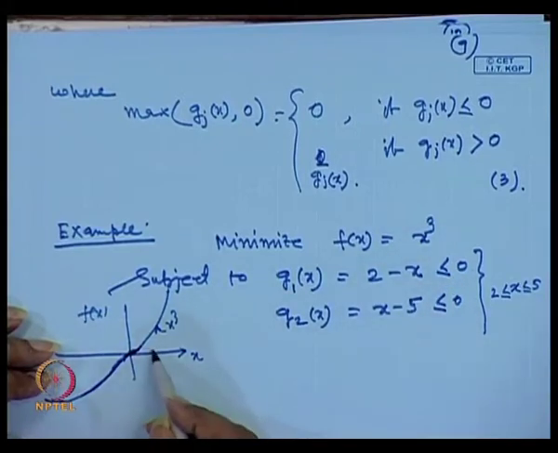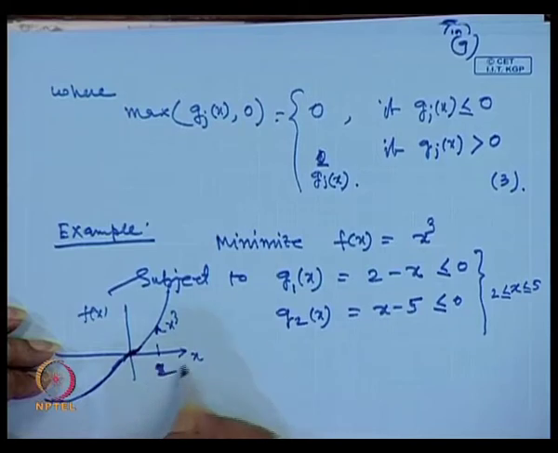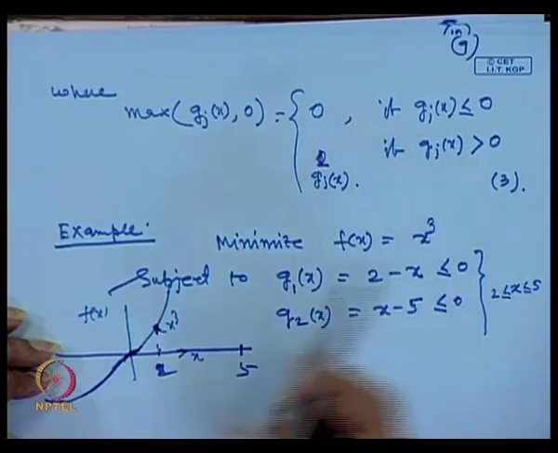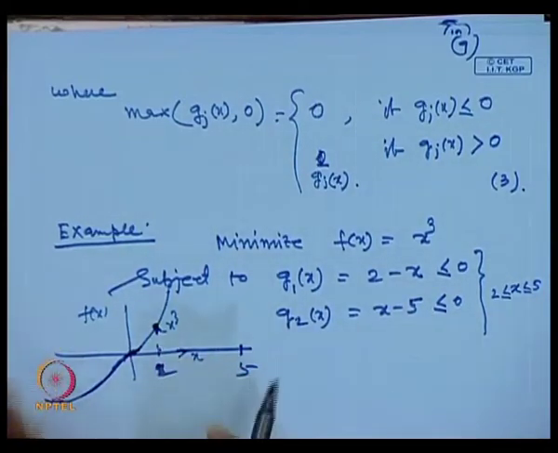So, because its range is given x equal to 2 to 5, its minimum value is here only. Okay. So, I will discuss the physical interpretation of the penalty function next class, when we solve the nonlinear problem using the exterior point method. So, I will stop here today.